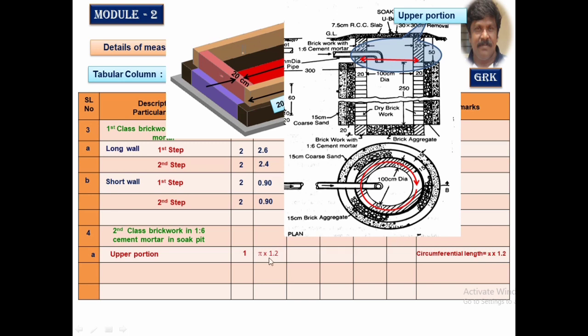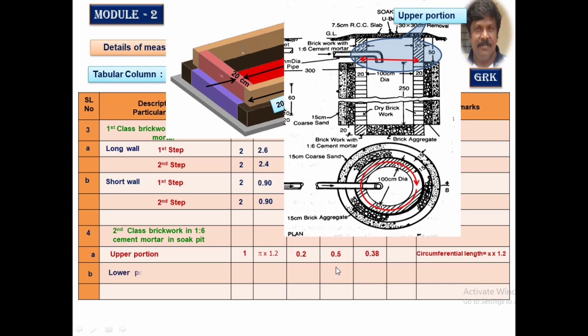So we enter the 1.2 meter here in the length column. We are not going to find it in terms of areas. It is constructed in the circumferential manner, therefore circumferential length. Thickness of that is 0.2 meter. And the depth of the section at the upper portion is 500 mm.